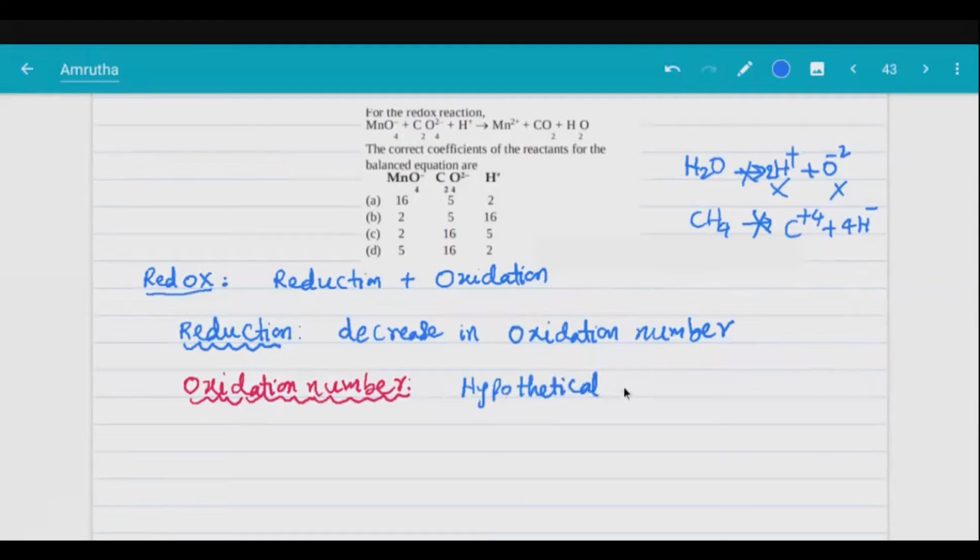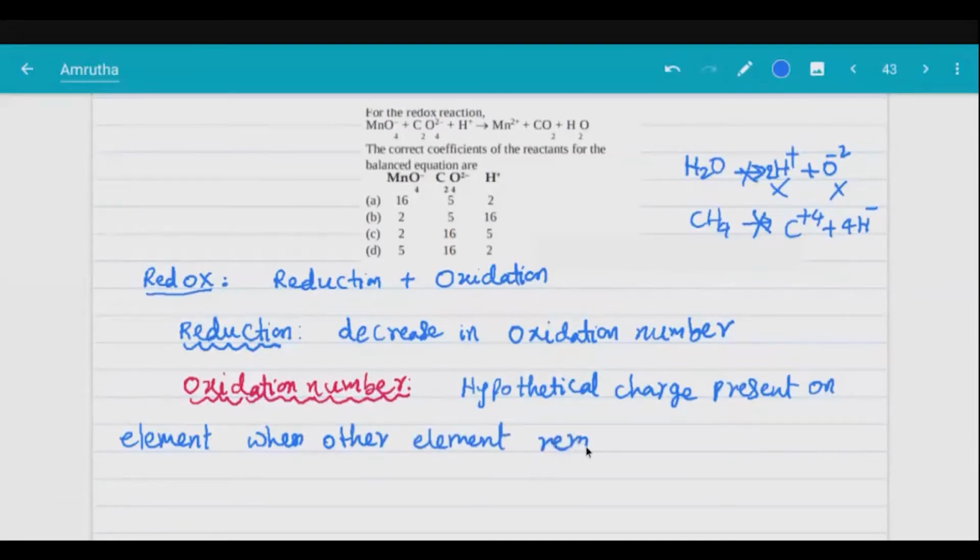It is just a hypothetical charge present on an element when other elements are removed as ions. When you remove other elements as ions, whatever the leftover charge on that particular element is the oxidation number.